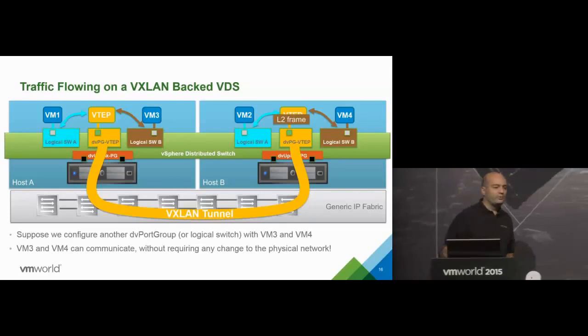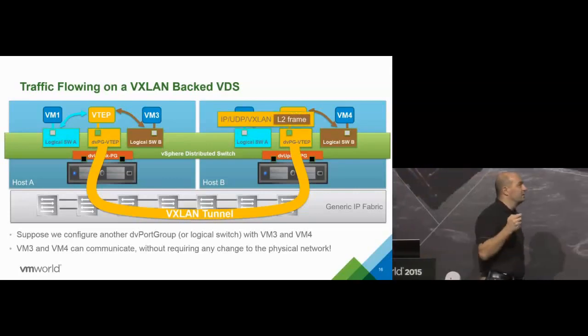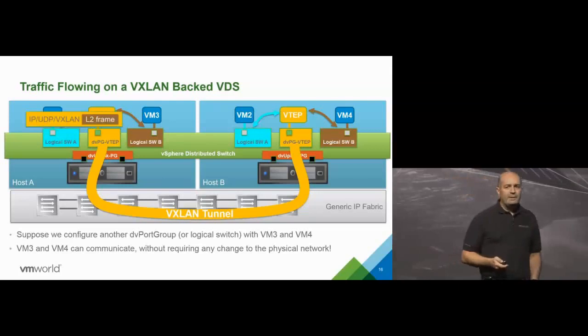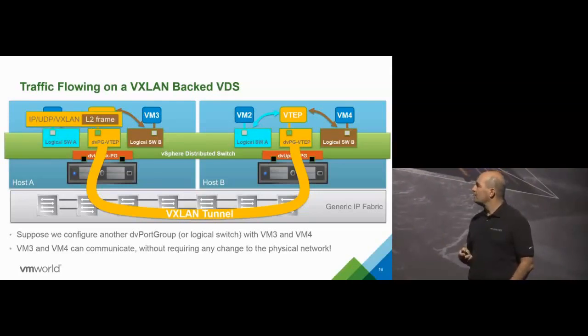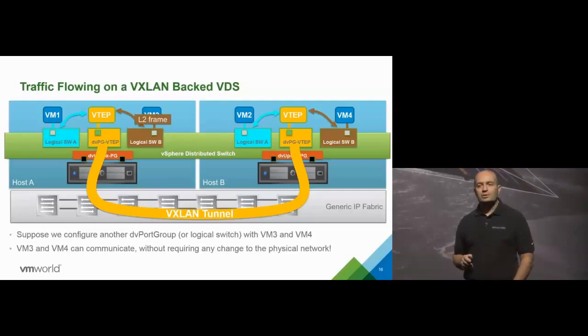It's going to go through the VTEP, being encapsulated, transmitted as an IP packet across the network, received by the other side's VTEP, decapsulated, and eventually forwarded to the remote virtual machine. So you see, I've instantiated a new layer 2 domain, what used to be a DV port group, now called a logical switch again, but I didn't have to change anything on my physical infrastructure.